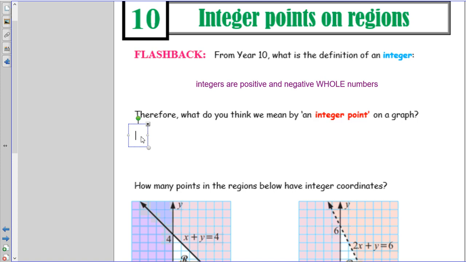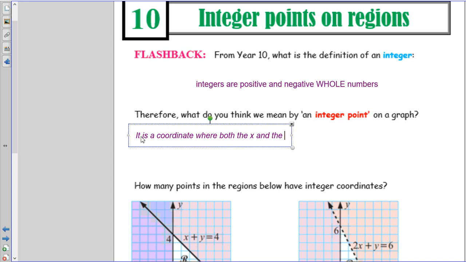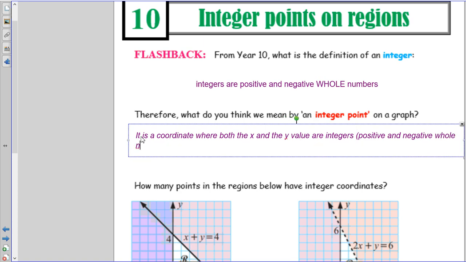You can say it is a coordinate where both the x and the y value are integers, positive and negative whole numbers.